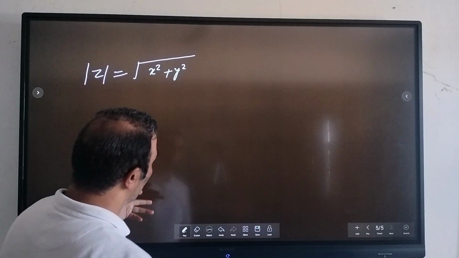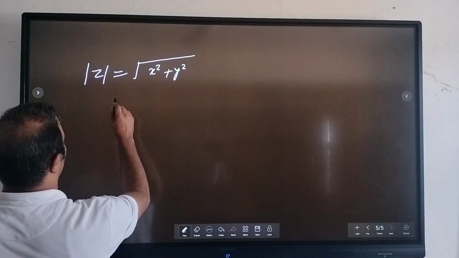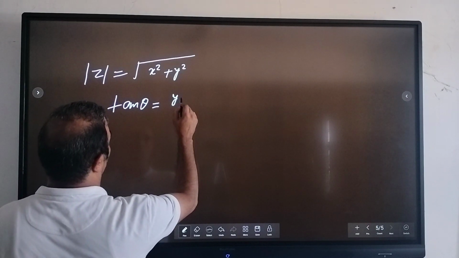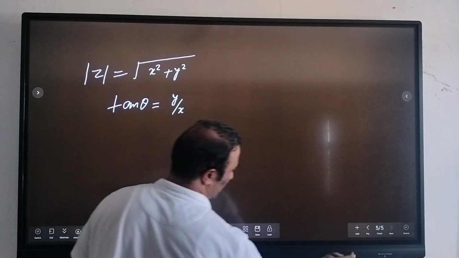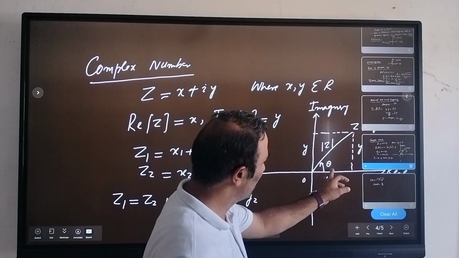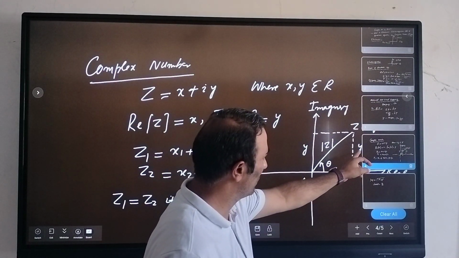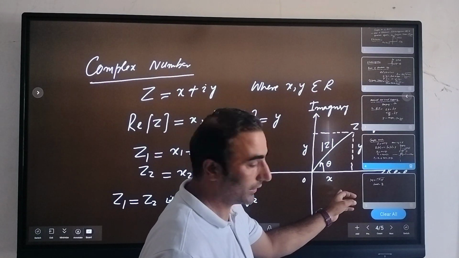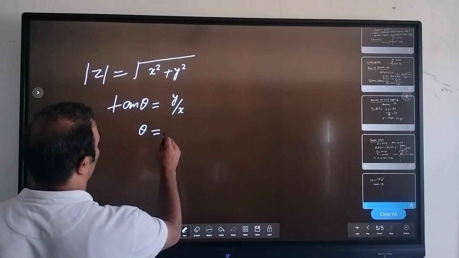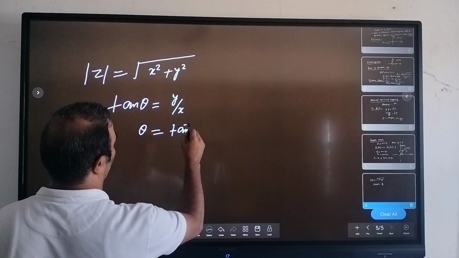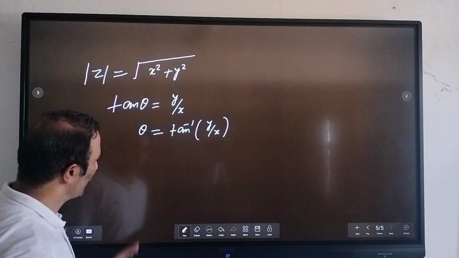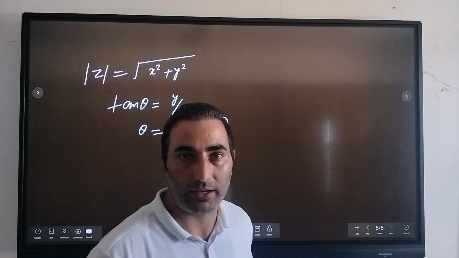Also, if you calculate tan theta from there, tan of theta will be y divided by x, right? Or you can write theta as the inverse tan of y by x. This theta is called the argument of z, right?